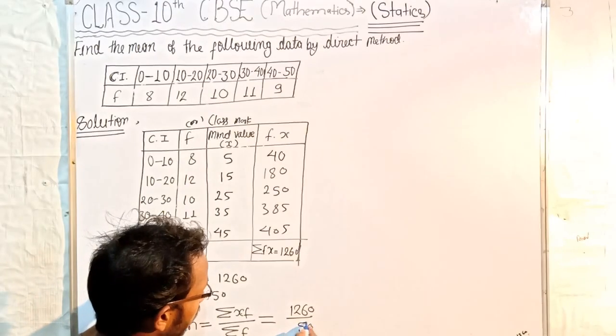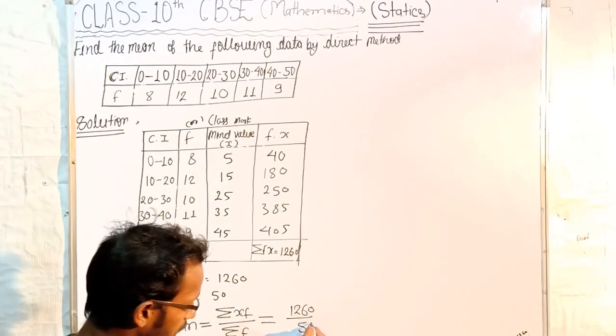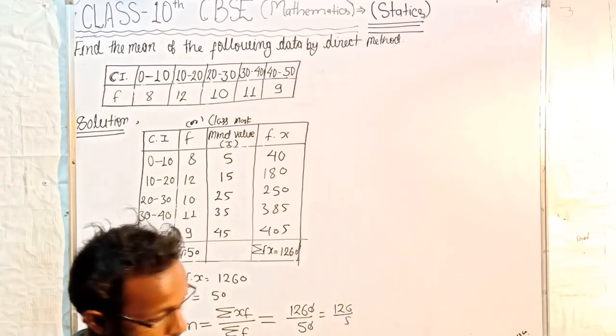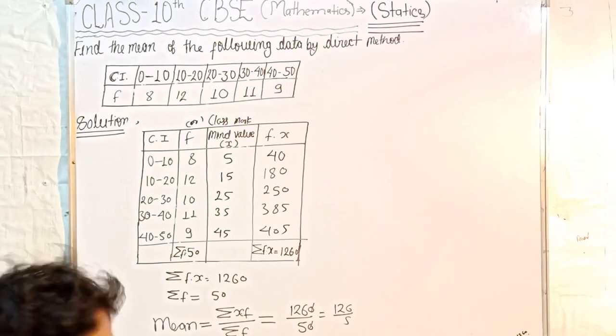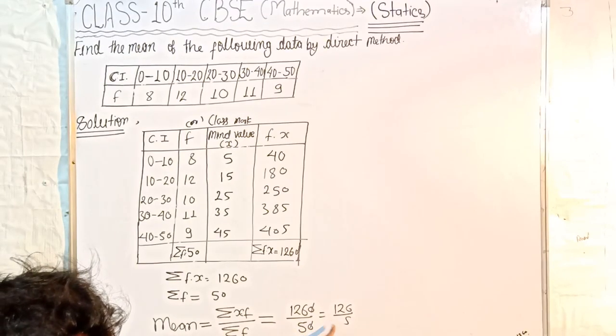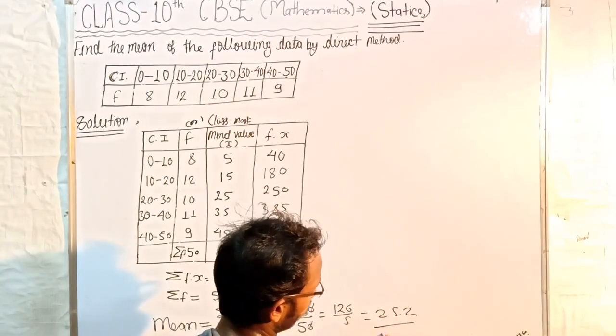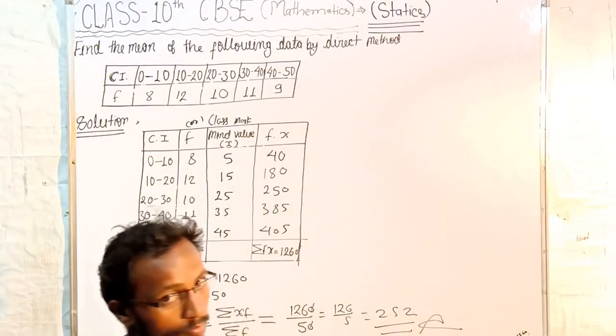We have already calculated 50. Okay. This 0 is cancelled, this becomes 126 divided by 5. Now you have to divide 126 by 5, then you will get how much? 25.2. Okay. Thank you.